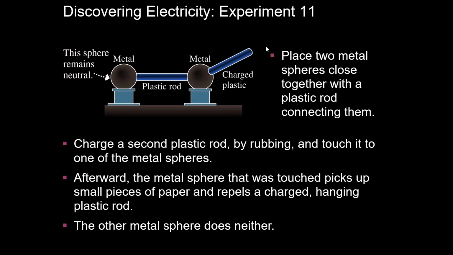So this final experiment, in contrast to experiment 11, shows that the difference between metal and plastic is that charge can flow through metal, and it seems to not be able to flow through plastic. If you repeat this experiment with glass, it'll have the same result as plastic. And so we can classify materials into two broad categories. One is a conductor, like metal, like the human body, which is really a bunch of ionized liquids.